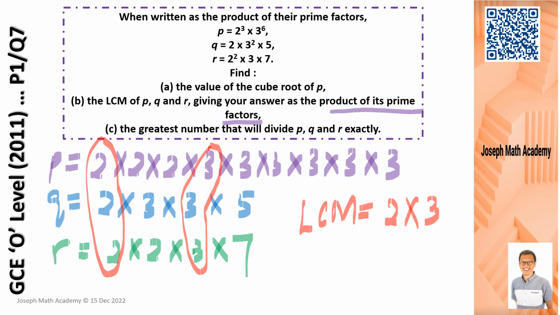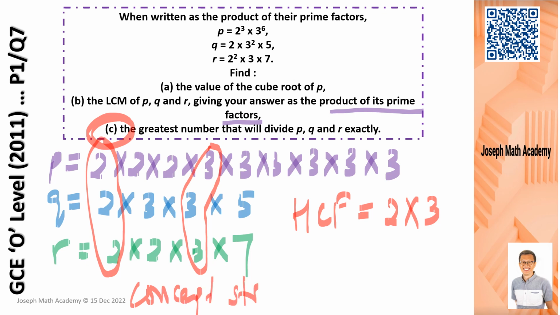Actually, this method is for part C, HCF. Okay, I realize, this is HCF. Everybody, I'm doing part C first. So this technique, this concept and strategy, is for HCF. My sincerest apology. So this is the HCF way of solving.